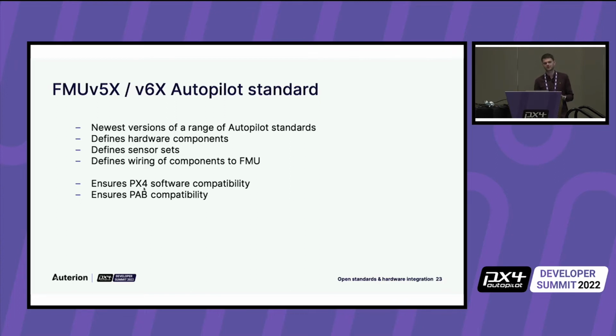With PX4, you can just do make px4_fmu-v5x, and that assumes a certain set of sensors present on certain buses. If you follow the same design, you don't have to modify PX4 and you're immediately compatible. It's all about software compatibility here.